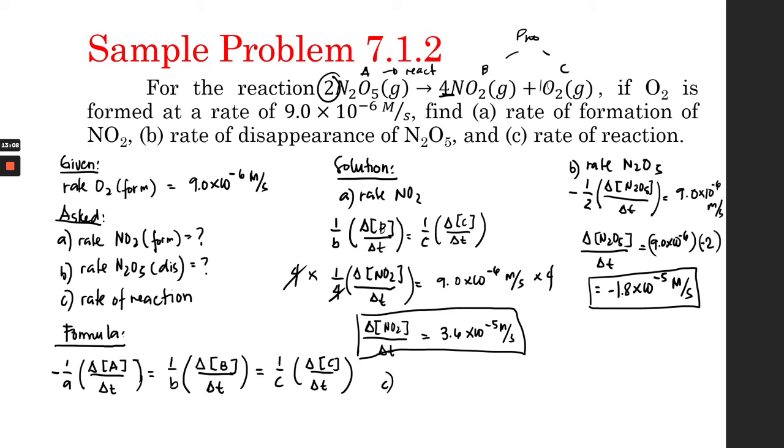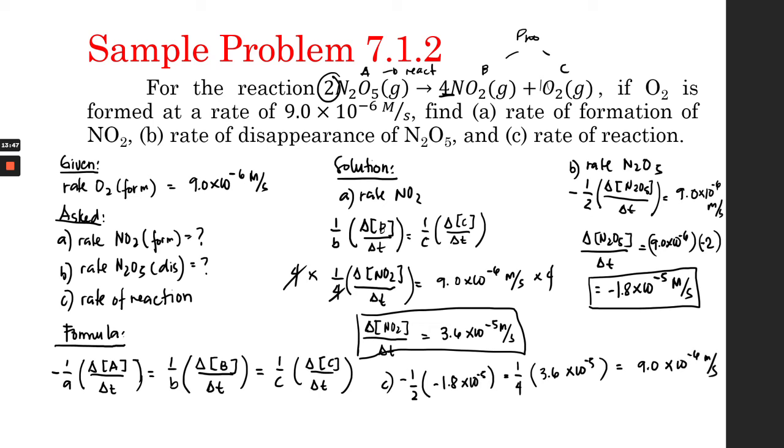We have negative 1 over 2 multiplied by negative 1.8 times 10 raised to negative 5, and that is equal to the rate of formation of NO2, which is 3.6 times 10 raised to negative 5 molars per second, multiplied by 1 over 4, and that is equal to 9.0 times 10 raised to negative 6 molars per second.